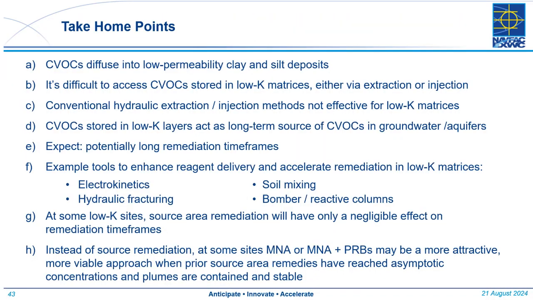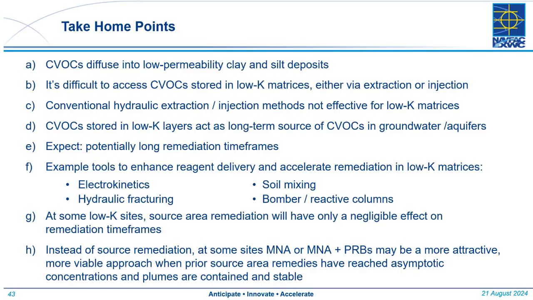So let's summarize what I just presented. Takeaway points: chlorinated solvents diffuse into low permeability clays and silts, and that's a problem. It's difficult to access these chlorinated solvents stored in the low permeability matrices. Once they're in, we can't really pump them out, and it's difficult to inject things into the ground. Conventional hydraulic injection and extraction methods really are not very effective.